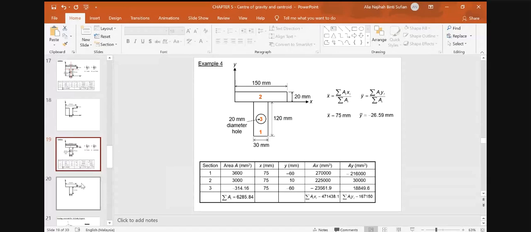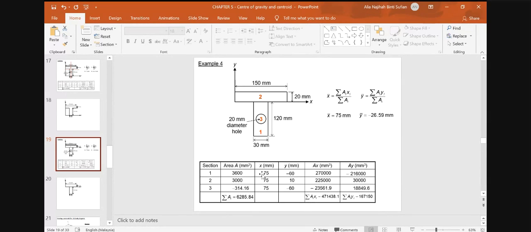Okay, example number 4, we have a similar composite area with a hollow, but then we change the reference axis. The x-axis now is from the base to the connected surface between area 1, 3 and area 2. So now we look at section 1.